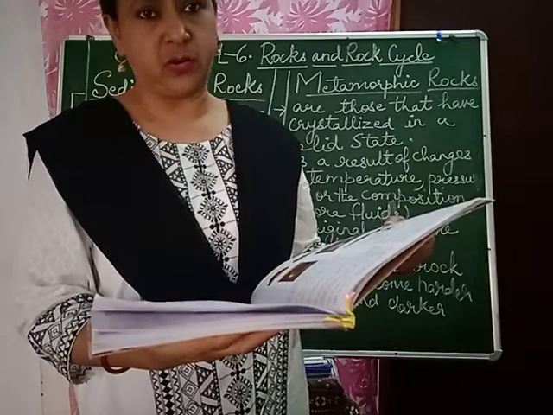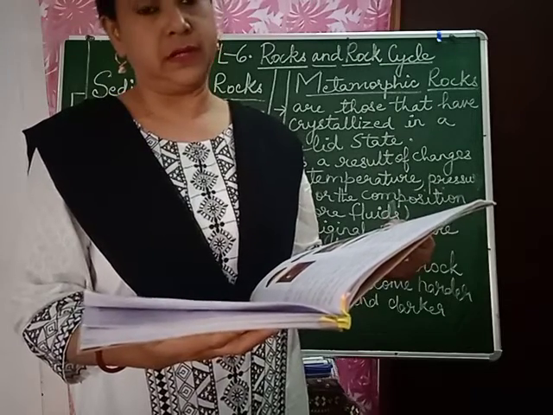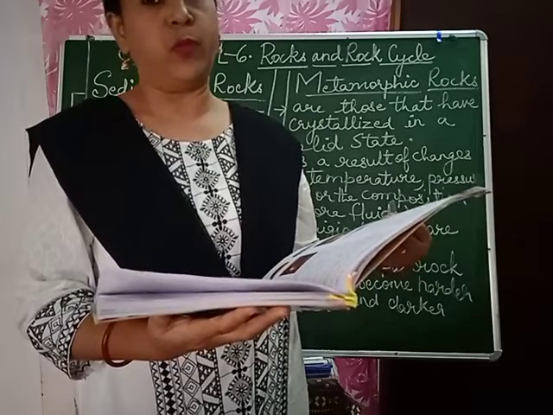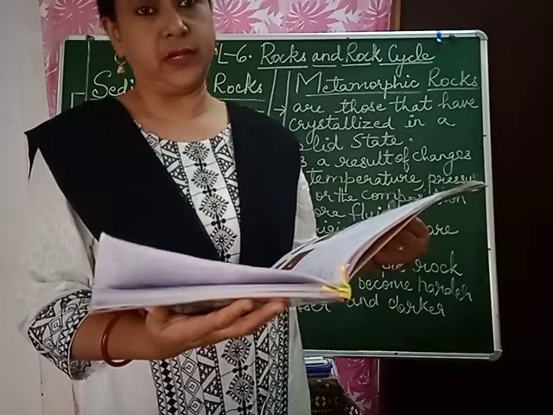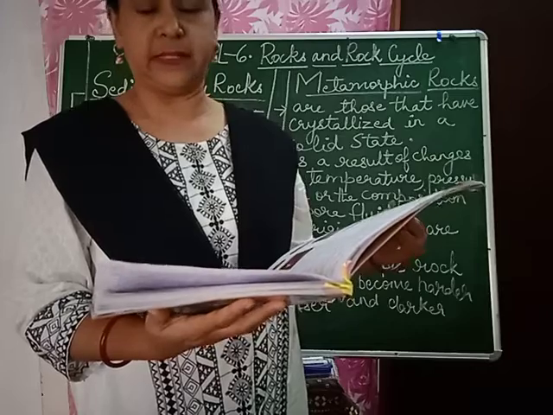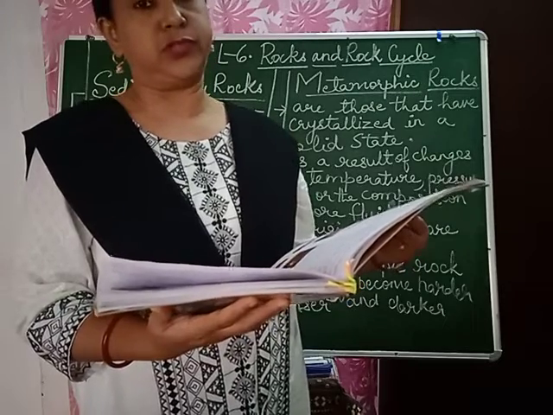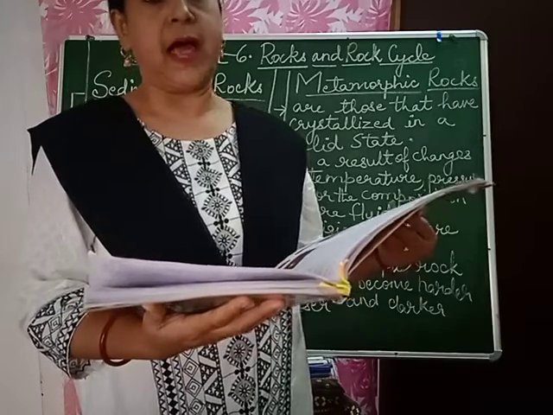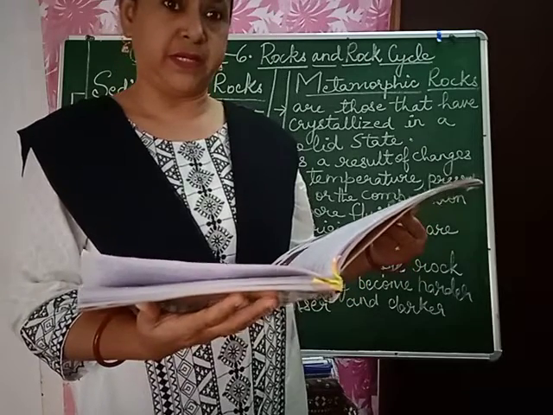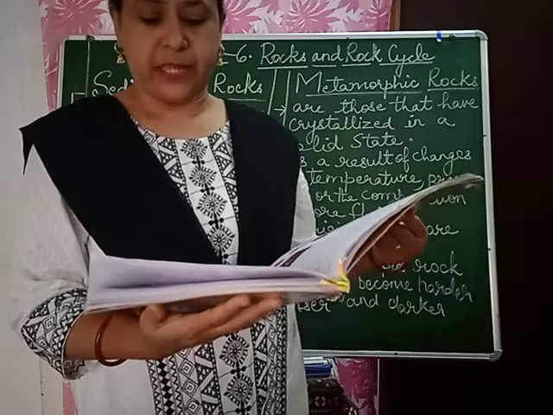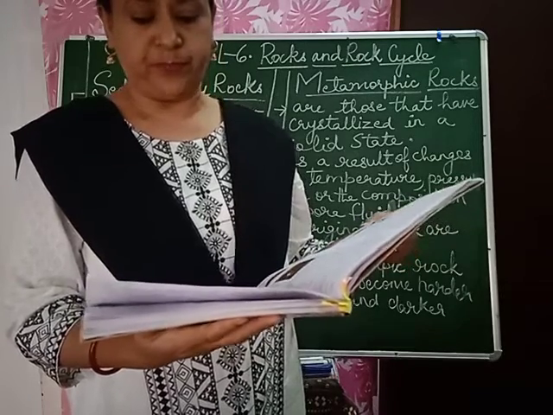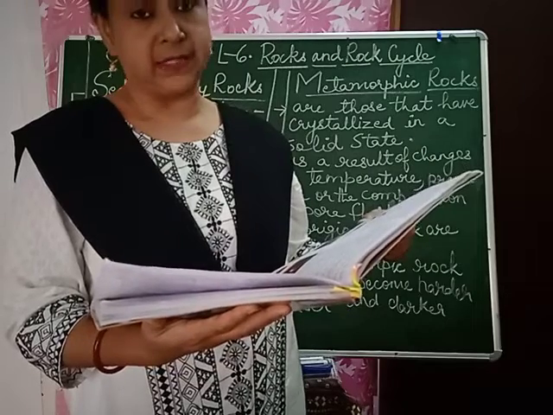So, sedimentary rocks are formed by the wearing and tearing away, the denudation process, when there is a lot of heat and exposure to wind and rain, and it is eroded, that causes the rocks to decompose, and the land surface wears away.